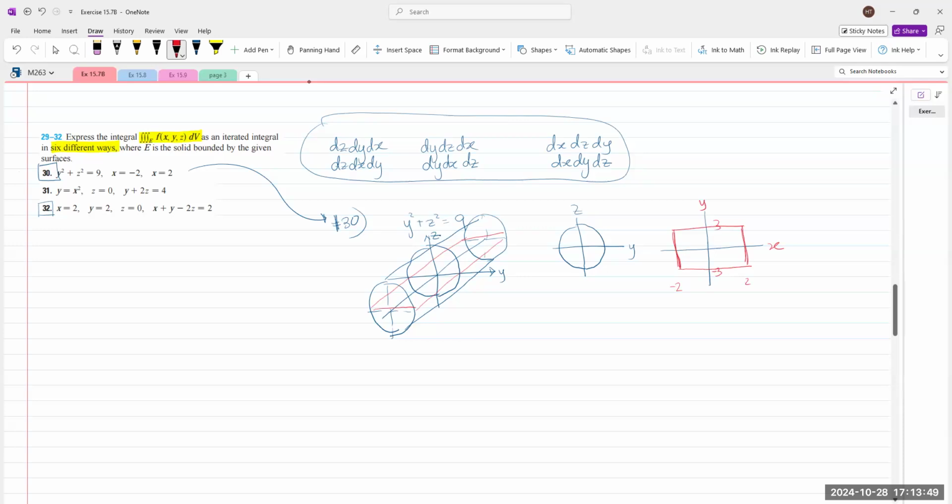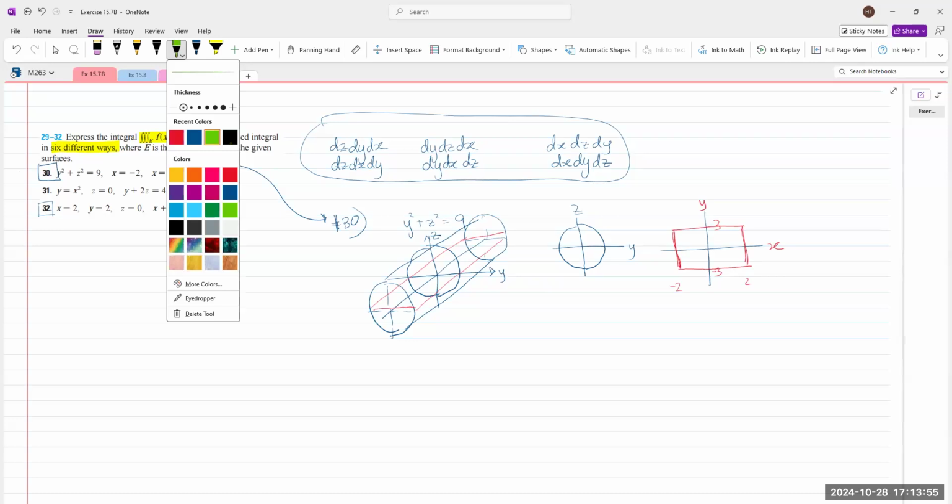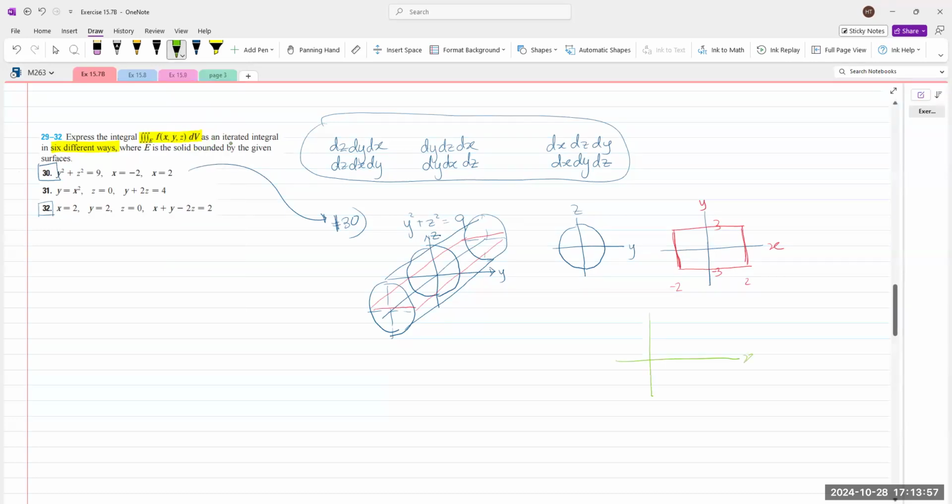In fact, if we project that to the xz plane, we see the same thing actually. From -2 to 2, from -3 to 3.